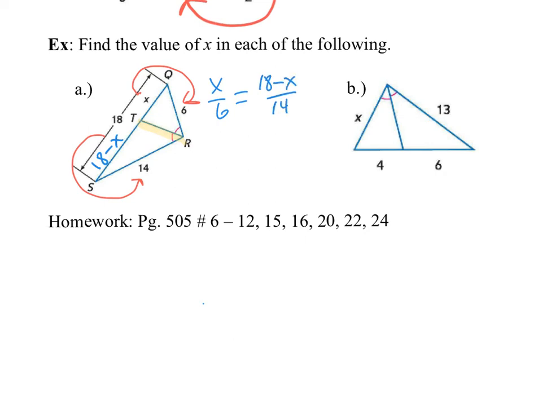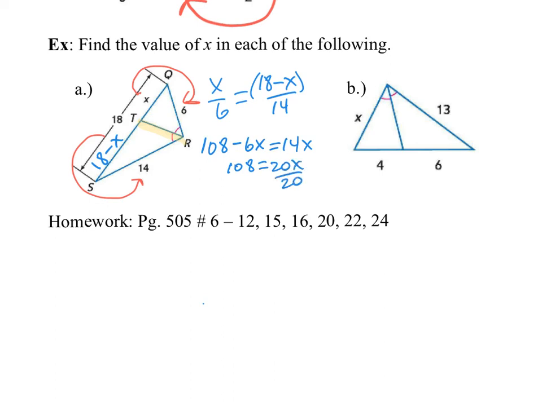All right, so let's cross multiply. When you cross multiply this way, you might want to put some parentheses around this binomial so you remember to distribute. So we'd have 6 times 18, which is 108, so 108 minus 6x would be equal to 14x. Then let's quickly solve for x. 108 would be equal to 20x.